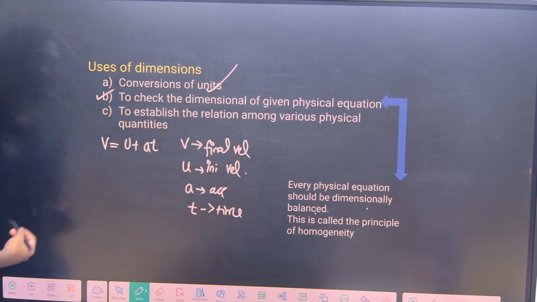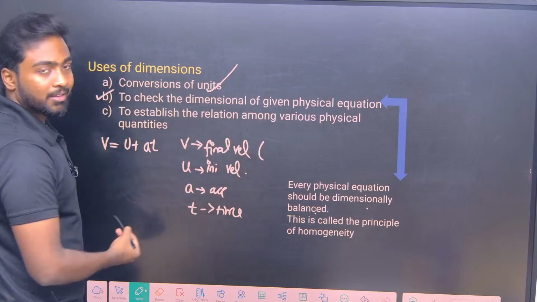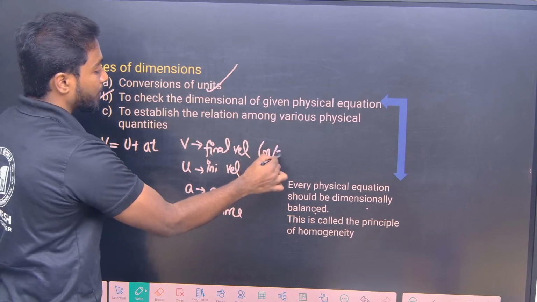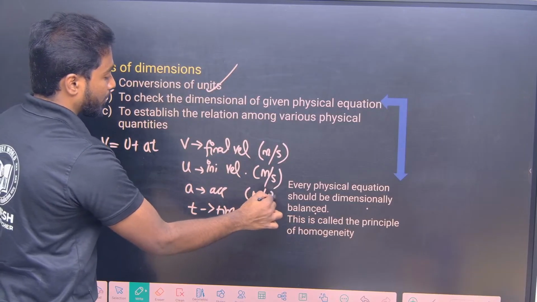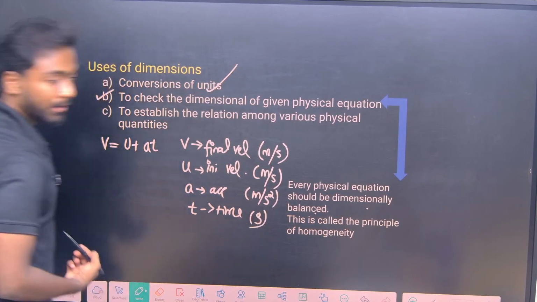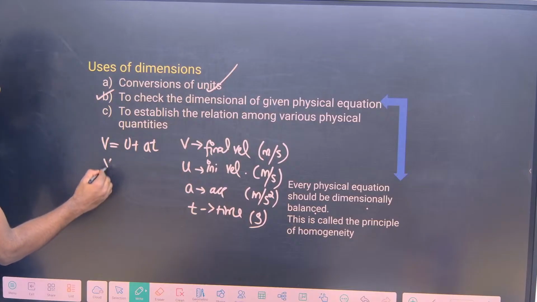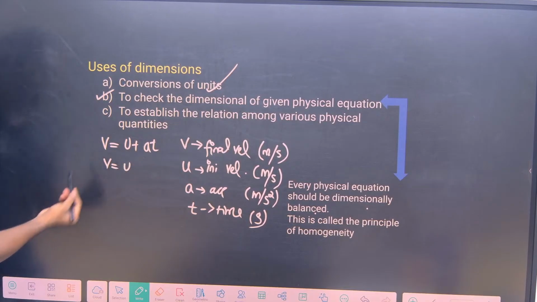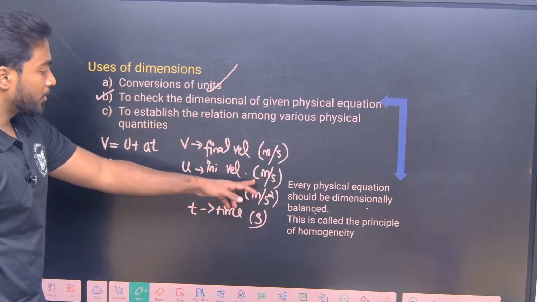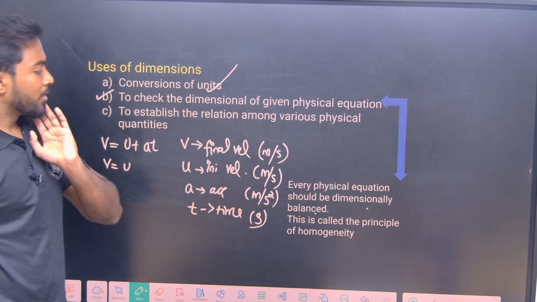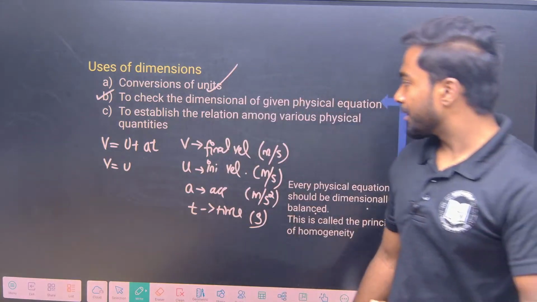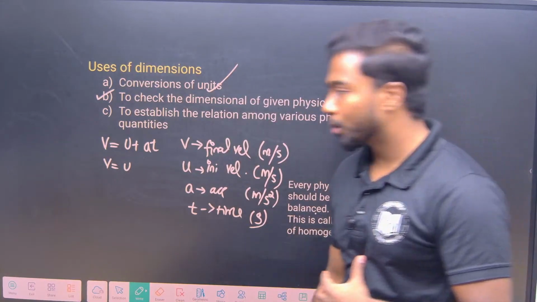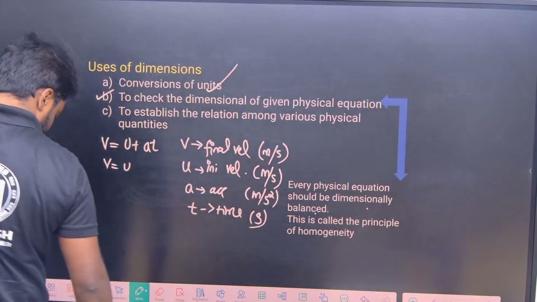Now let us talk about the SI unit. V is meter per second, U is meter per second, A is meter per second square, T is second, right? Now V is equals to U: V is meter per second, U also meter per second. Whether it is initial velocity or final velocity, its unit does not change, so they have the same unit.